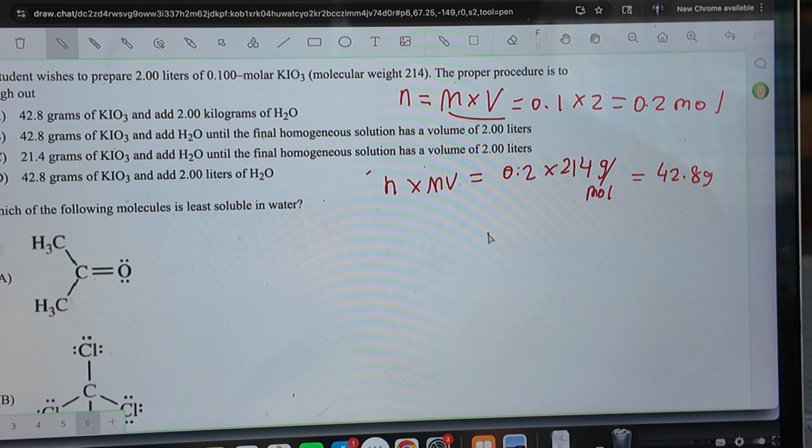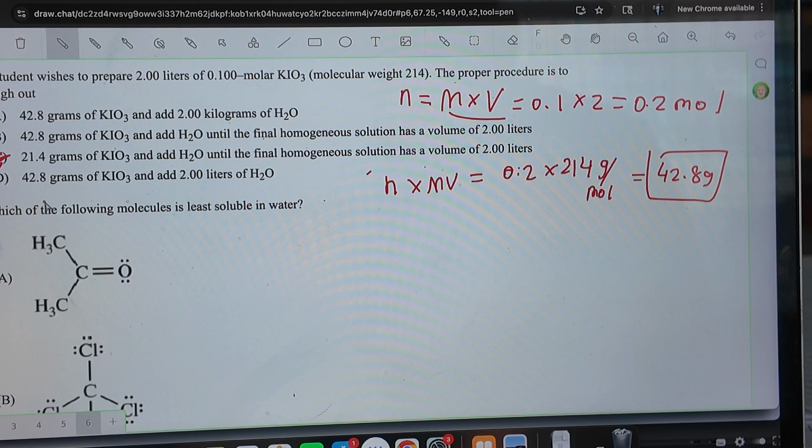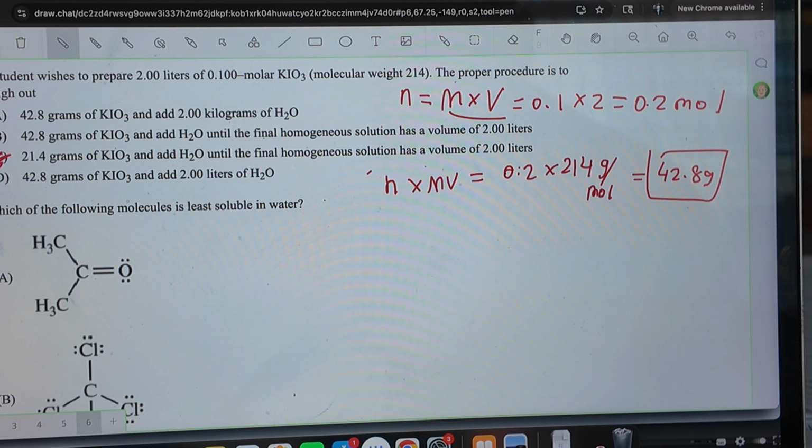And lastly, we need this many grams, right? So off the bat, we can take out C. What you need to do then is dissolve the 42.8 grams, and then add water until it is up to 2 liters. The only answer that says that is B.